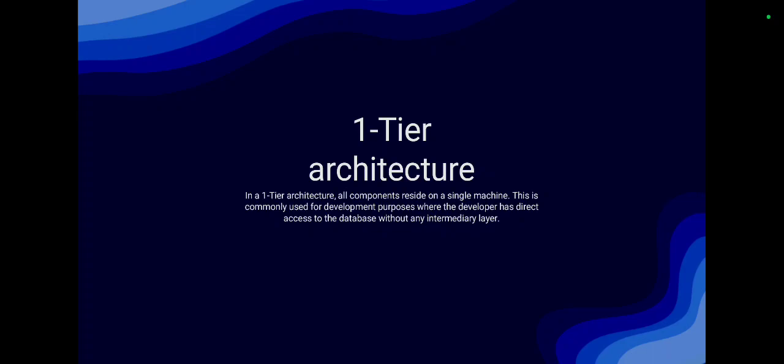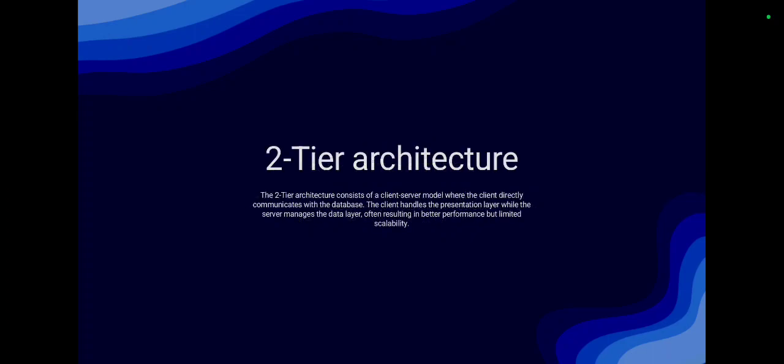If I'm a database developer, I should have direct access to the database. That's where one-tier architecture comes in. The two-tier architecture is like the client-server model, where the client communicates directly with the database server. It improves performance, but as the performance improves, it only has limited scalability.